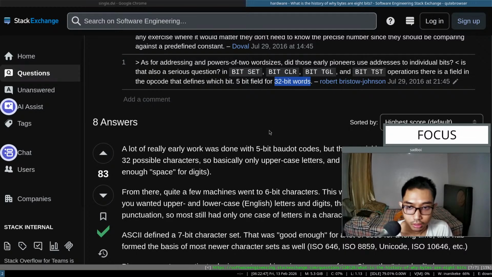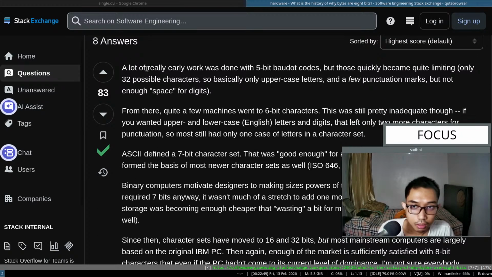132-bit words. A lot of really early work was done with 5-bit codes, but those quickly become quite limiting. Only 32 possible characters. So basically only uppercase letters and a few punctuation marks, but not enough space for digits.